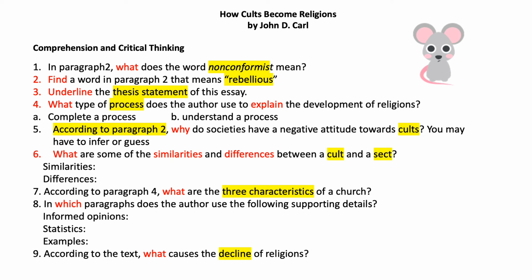Okay, and the actual example of what he uses, he says around 25% of US is Catholic. He actually does state that in the text where he says, for example, or as an example, right? And question 9, according to the text, what causes the decline of religions? It doesn't say according to me or according to you. It says according to the text.